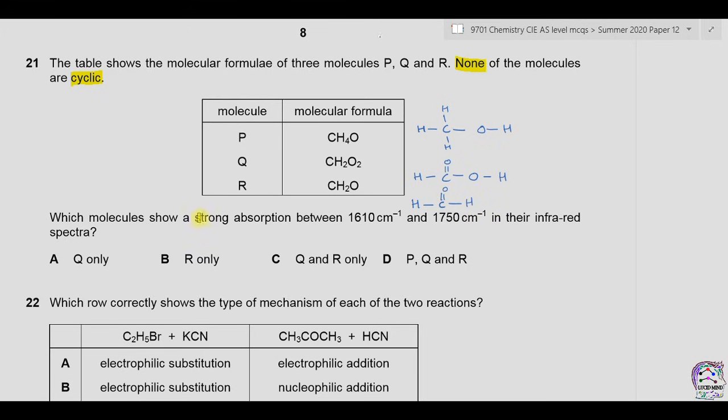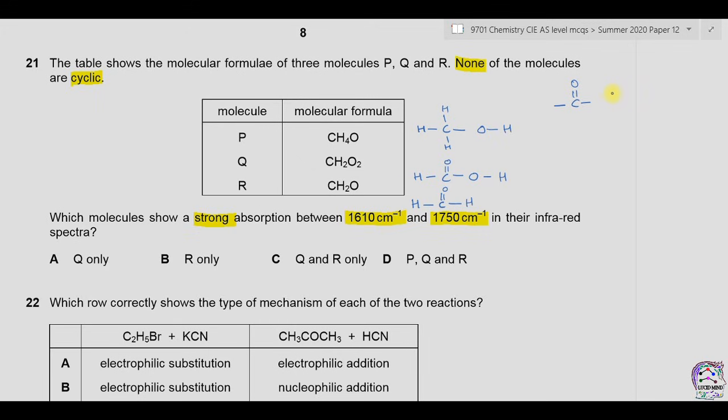Which molecules show a strong absorption between 1610 and 1750 cm-1 in their infrared spectra? Now let's find the infrared values from the data booklet. We have C=O for aldehyde and ketone.